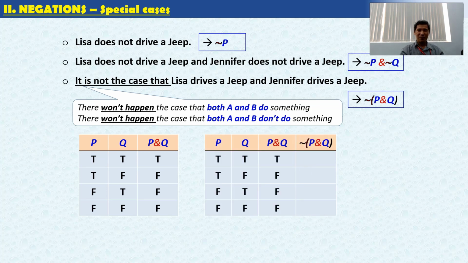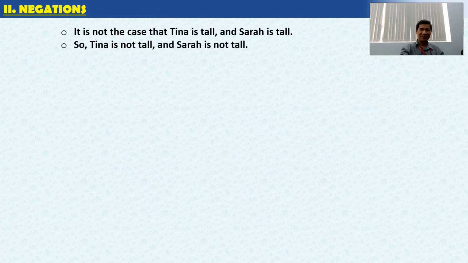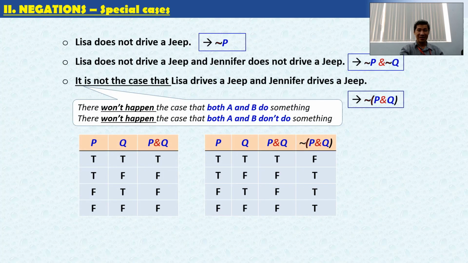Okay, now, so P, Q, P and Q: true, false, false, false. Negation is going to be false, true, true, true. Okay, so you get that? Now you can see, this is the special case.